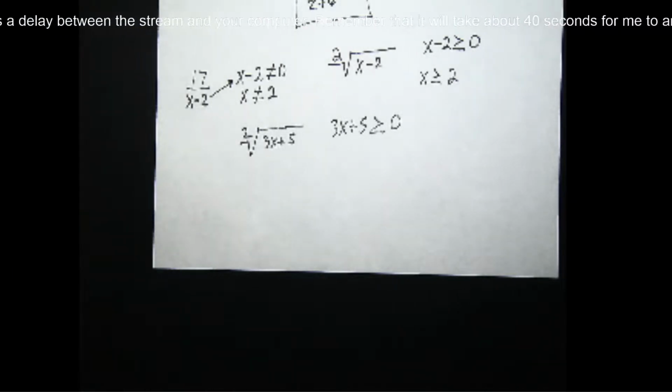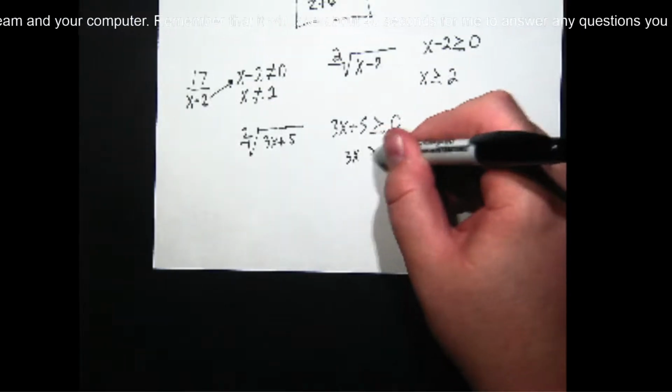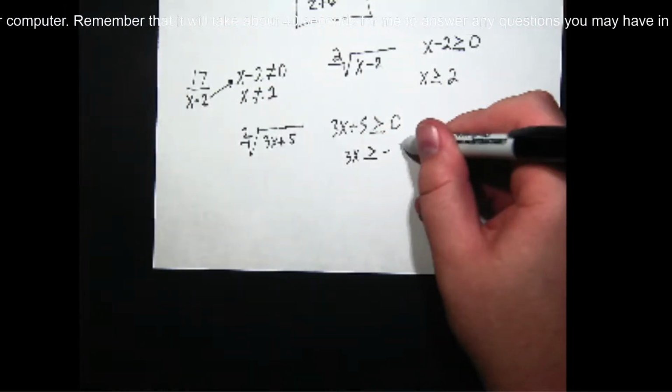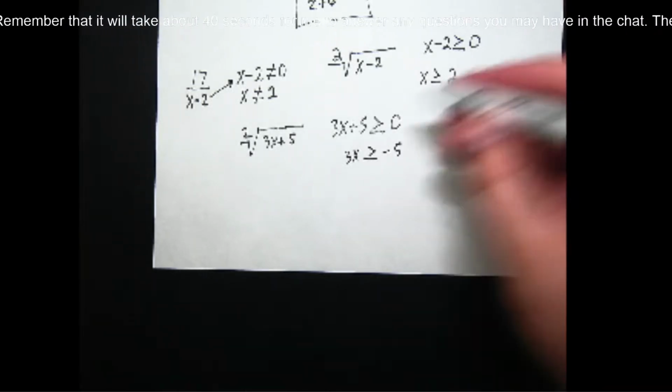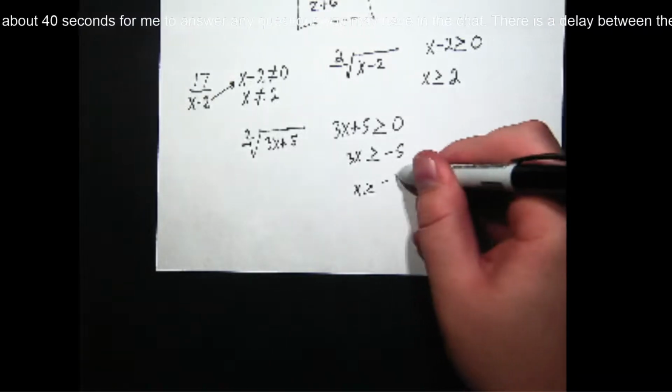And so we solve, take the 5 to the other side, we get 3x is greater than or equal to negative 5. Divide by 3 on both sides, we get x is greater than or equal to negative 5 over 3.